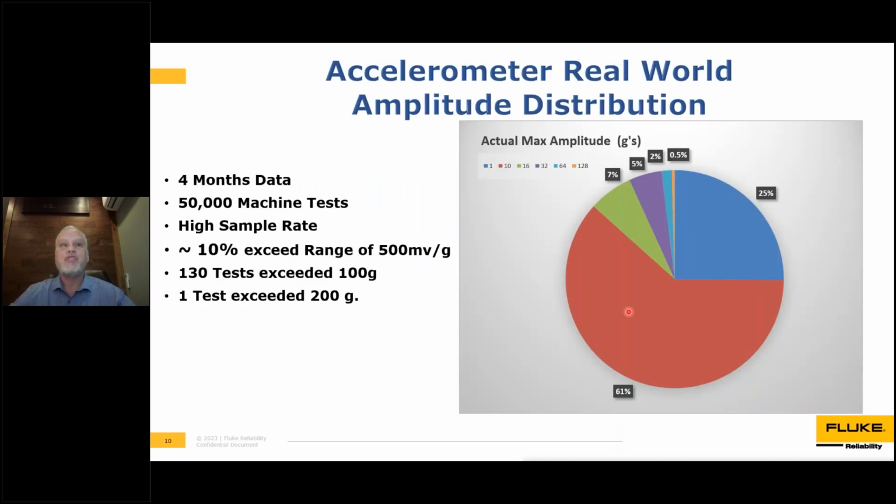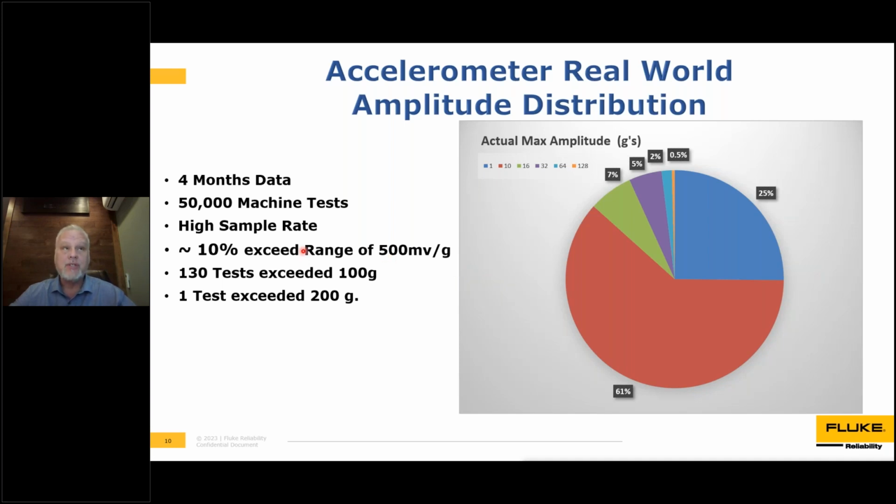I want to use this slide to give you an idea of what I mean. This is a big data set, about 50,000 machine tests that we had over 4 months of data in a large business. All of this data is collected at 100 kilohertz and above, so it's a very wide range of data. It captures low frequency noise and high frequency noise.